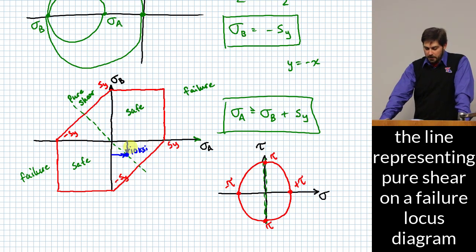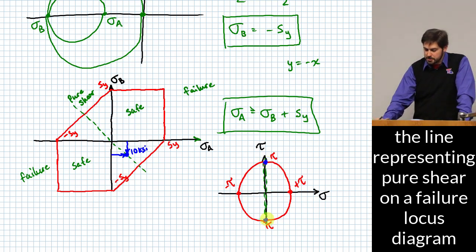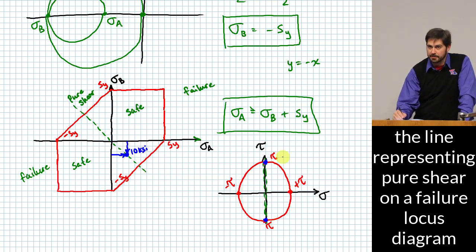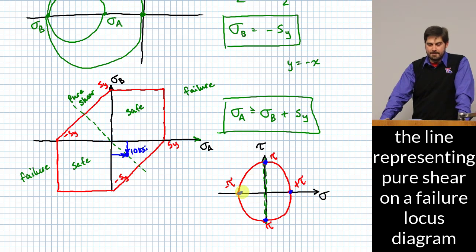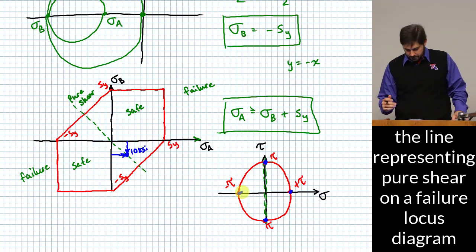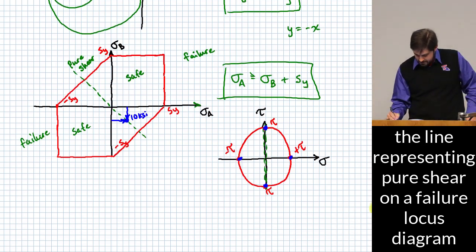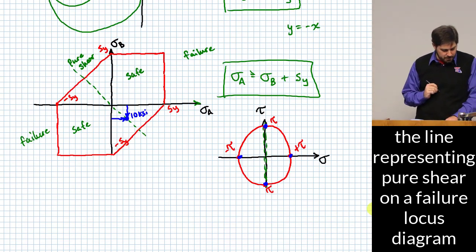What I'm showing you with Mohr's circle is that once you say you've got a state of pure shear, the other way of saying that is that your two principal stresses are negatives of each other. One's tension, the other's compression. All right, so that is the idea of the maximum shear stress theory.